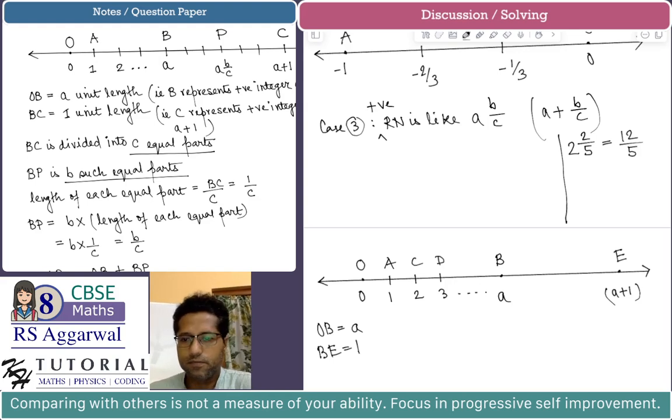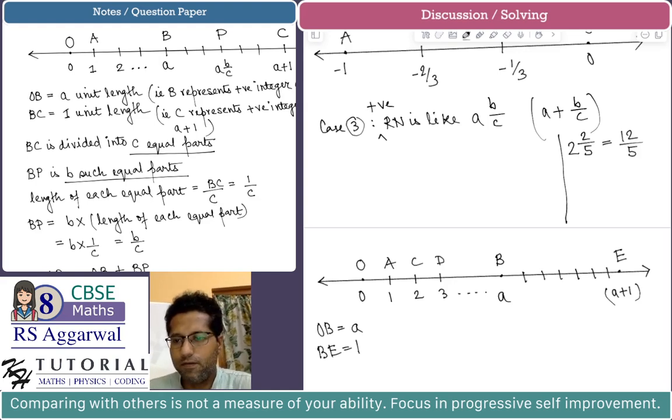Now we divide the segment BE into c equal parts. Where is c coming from? The fractional part of the rational number is b by c, so c is the denominator. From the denominator c, we divide BE into c equal parts.